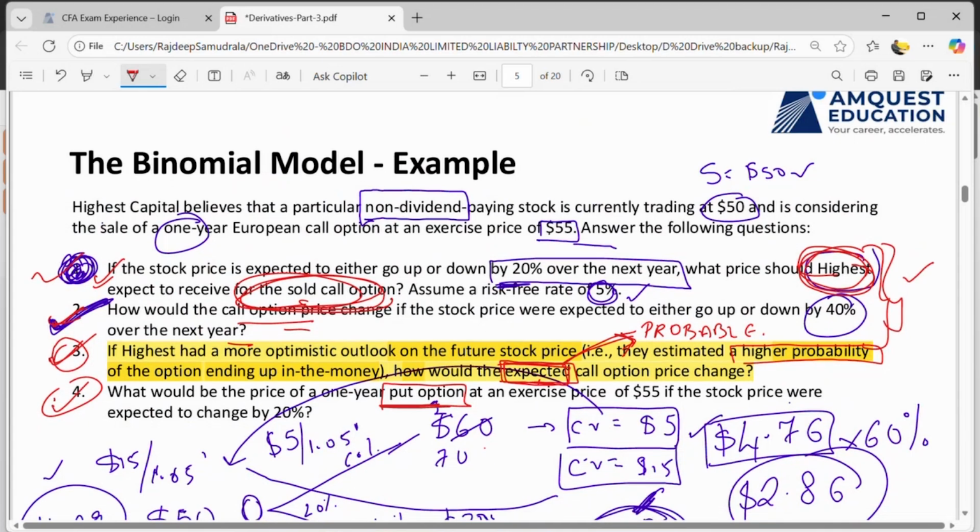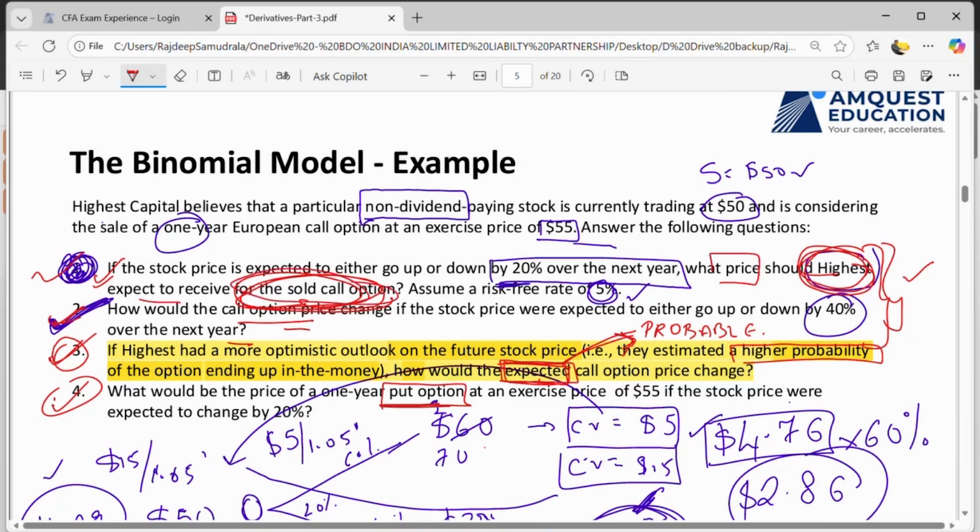What is distinguishing between 1, 2, and 3? You read 1 and 2 and you read 3 and tell me what is the difference between the two questions. For question 3, there's the keyword expected. And in question 1, they said if it's going to go up or down, what price should they expect to receive for the call option.